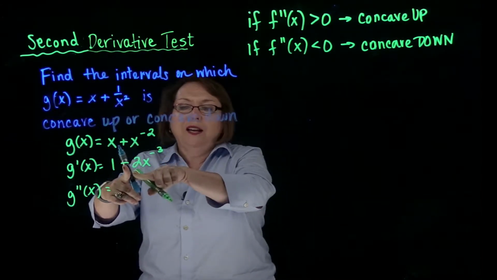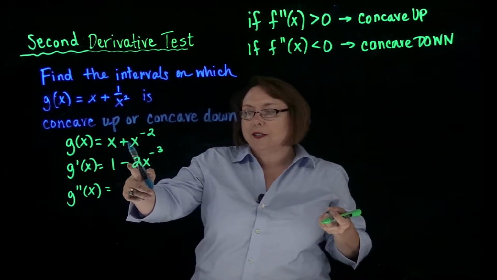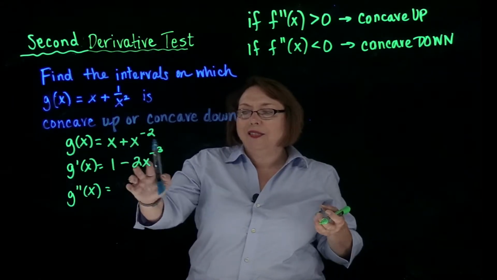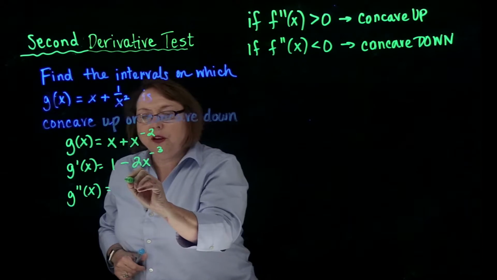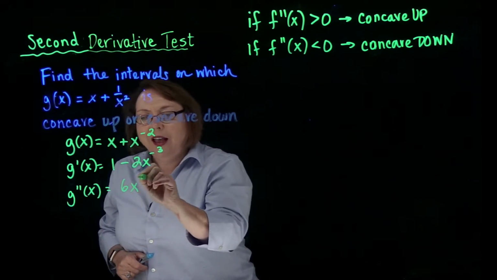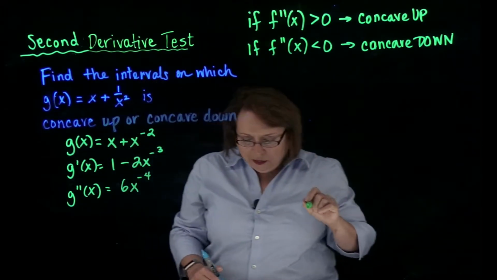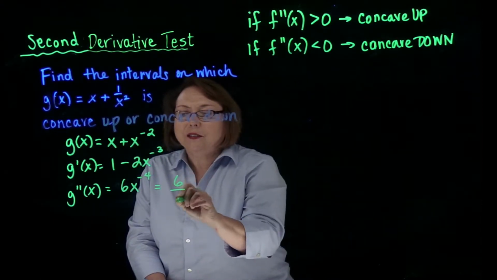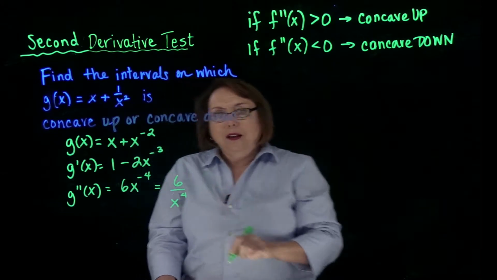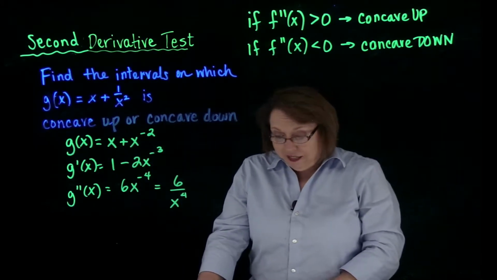We have this minus sign on the term, so it would be like negative 2 times negative 3, which is positive 6, x to the minus 4. And now I'm going to rewrite that as 6 over x to the 4th. It might come in handy when we calculate things.